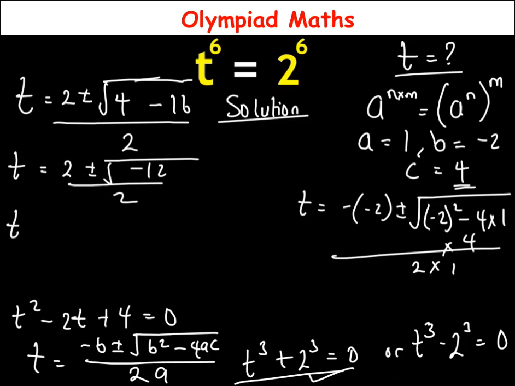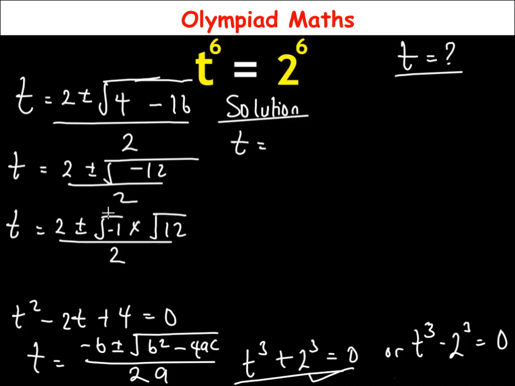From here, t is equal to 2 plus or minus the square root of minus 12, which can be written as the square root of minus 1 times the square root of 12, all over 2. The square root of minus 1 is i, times the square root of 12, which can be written as the square root of 4 times 3, all over 2.